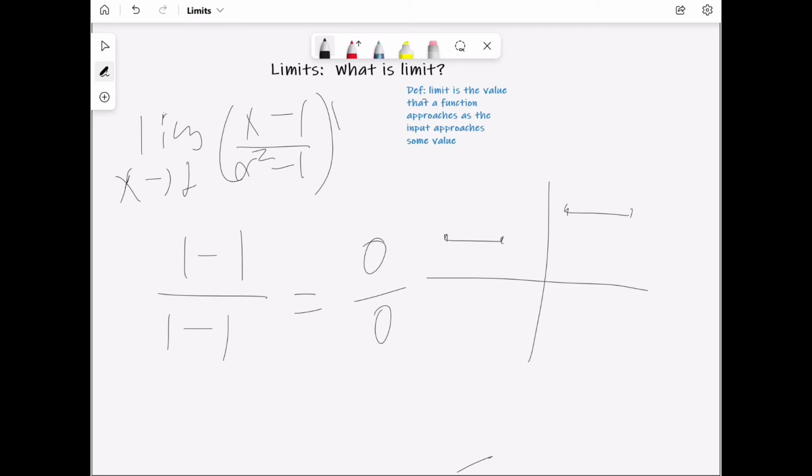Let's say this was -3 and this was -4, and this was 1 and this was 4. Now, in this domain, there are only values from -3 to -4 and 1 to 4, right?